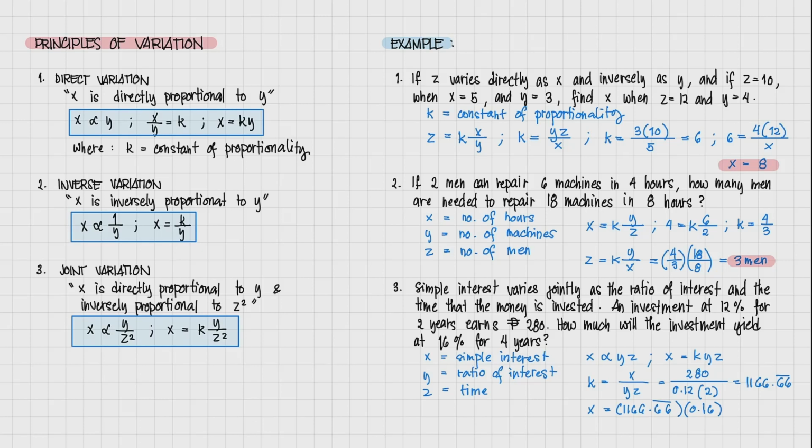And our Z is 4 years. So from that, our answer is 746.67. This is in PHP. Okay, so that's the final answer for example number 3.